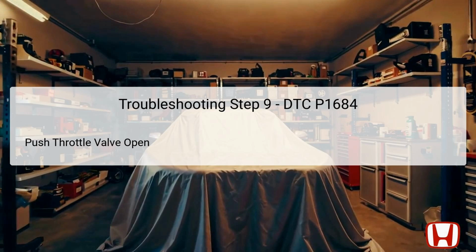Any resistance may indicate that the throttle return spring could either be too weak or that there may be debris causing binding. This direct approach helps technicians gather immediate visual and tactile feedback to evaluate the throttle's operation, guiding them in the next steps towards resolving DTC P1684 effectively.